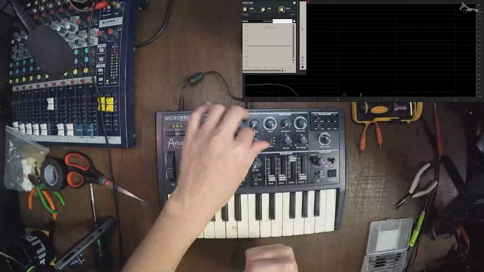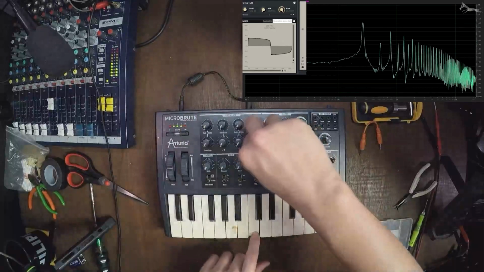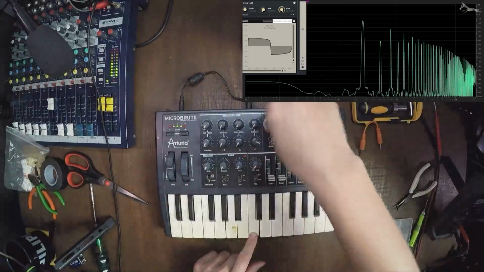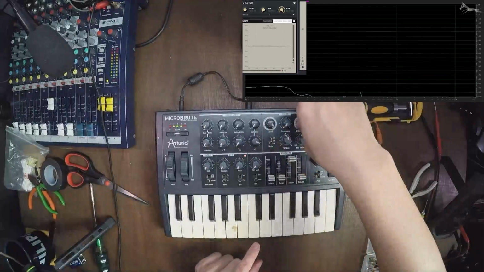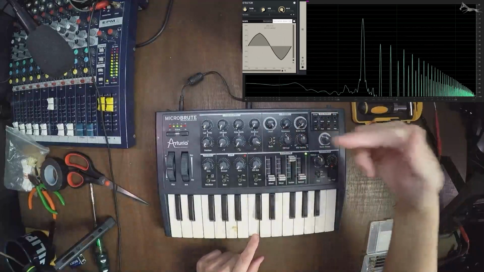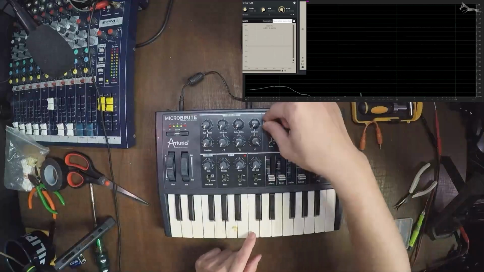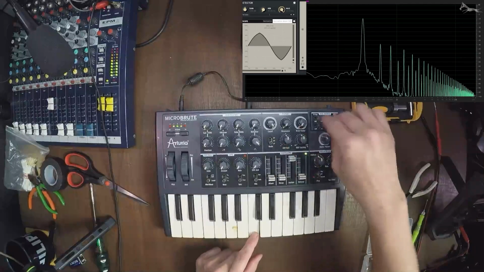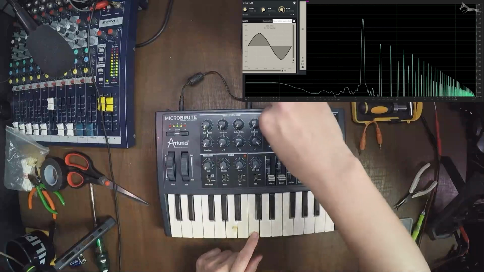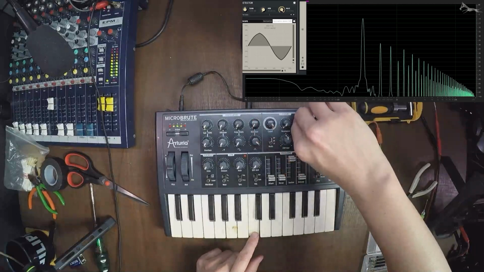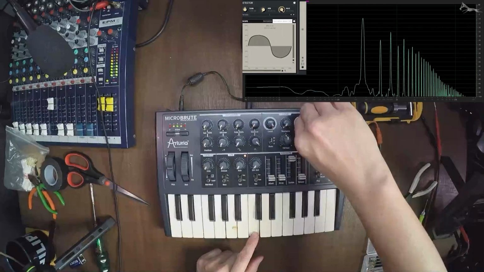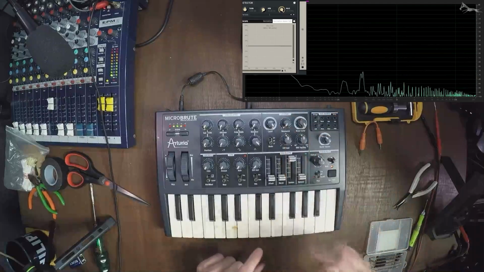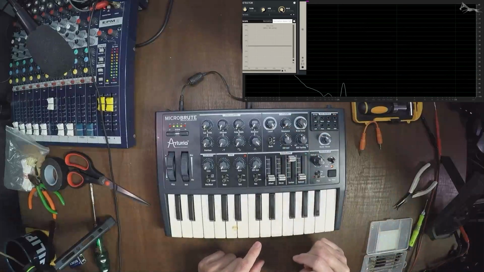But if we try a different waveform, oop, wait, sweep that. There we go. So we've got our triangle waveform, fully open on the low pass filter. Oh, that's smooth.